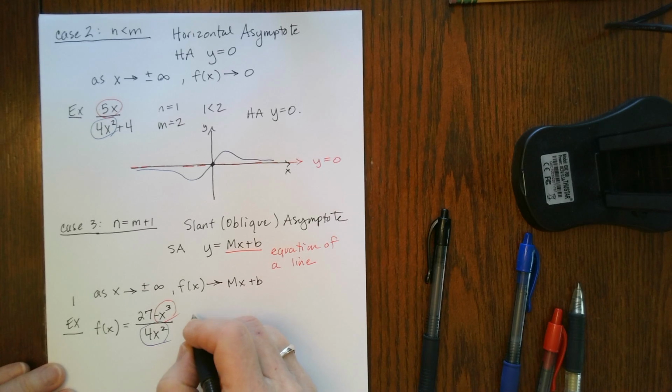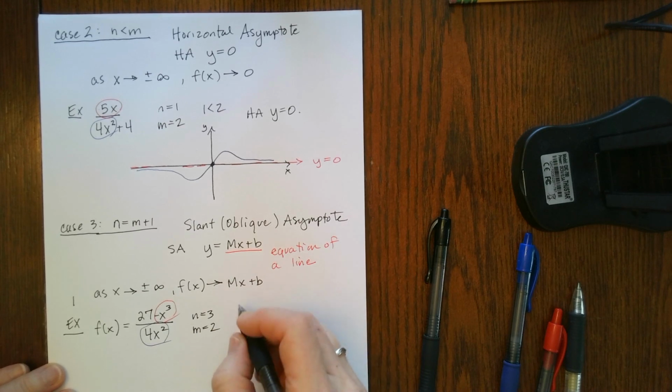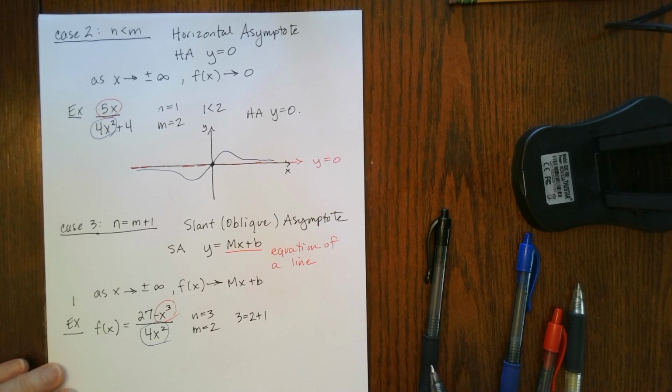So n is equal to 3 and m is equal to 2. So we have 3 is equal to 2 plus 1, so we're going to have a slant asymptote. To derive the slant asymptote, we're going to use polynomial division, which I'm not going to cover right now, but I will give an example of that.